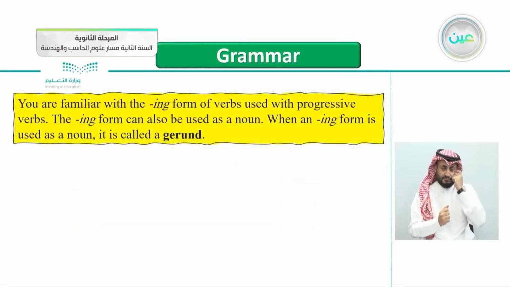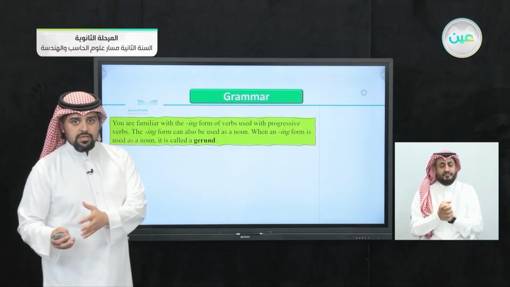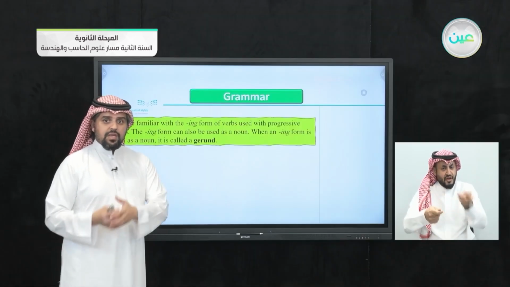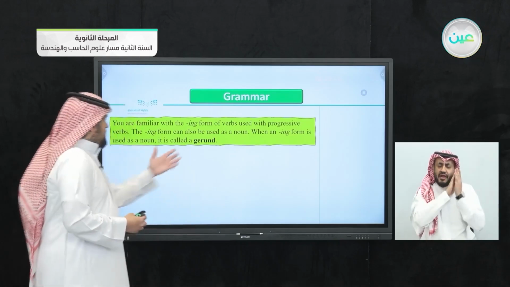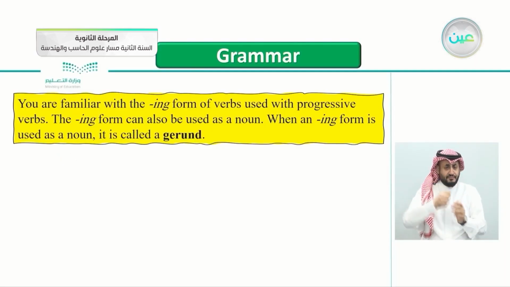So you are familiar with the ing form of verbs used with progressive. Of course, you know progressive. We use ing with the progressive: I'm going, I'm sleeping, and so on. So the ing form can also be used as a noun. When an ing form is used as a noun, it is called a gerund.